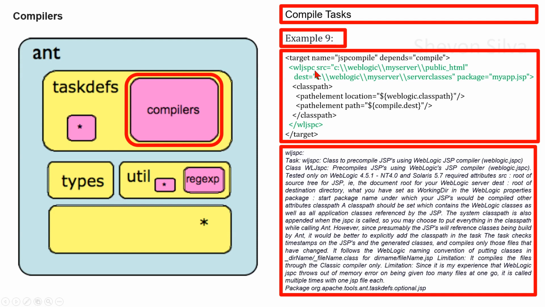Required attributes: src, the root of the source tree for JSPs, that is the document root for your WebLogic server; dest, the root of the destination directory, what you have set as the working dir in the WebLogic properties; and package, the start package name under which your JSPs would be compiled.